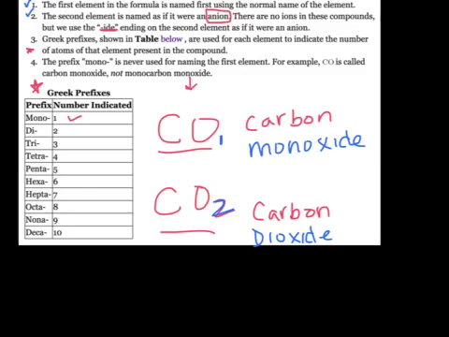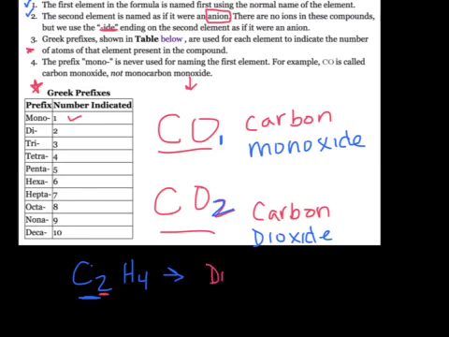So you are just adding Greek prefixes to the anion name. Now, here's the difference. Say we have a gas. We have 2 carbon and 4 hydrogen. Here's where we need to add a prefix to the first element. We have 2 right there, so we're going to name that di.